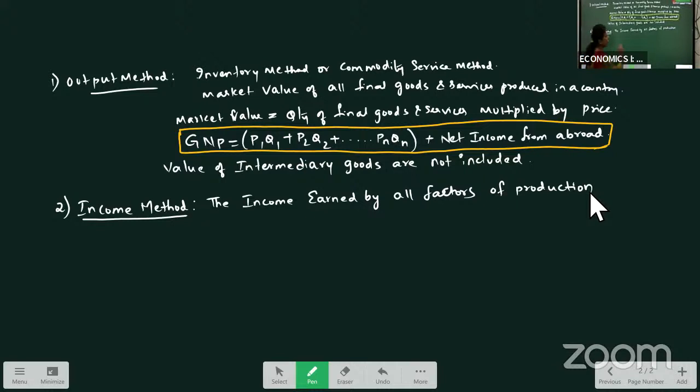Okay, so what are all the factors of production? Factors of production are land, labor, capital, and organizer.